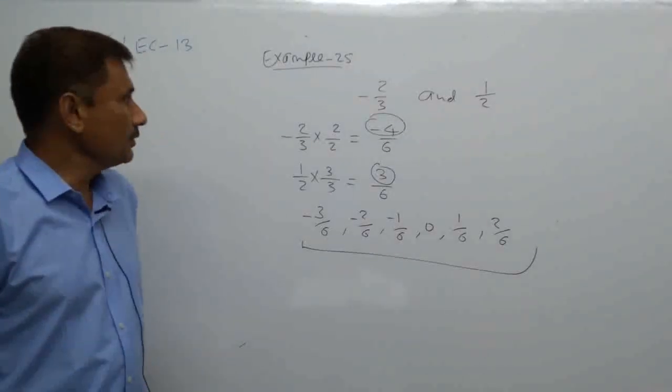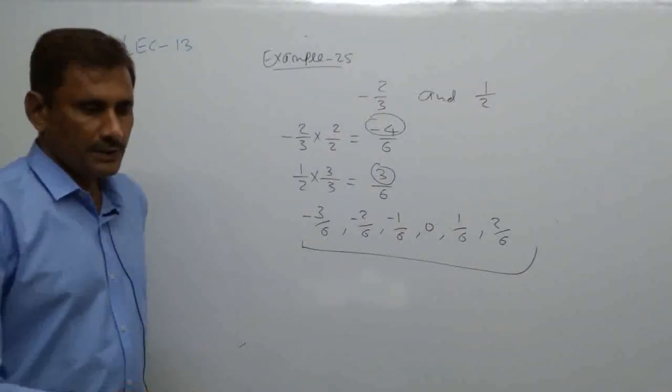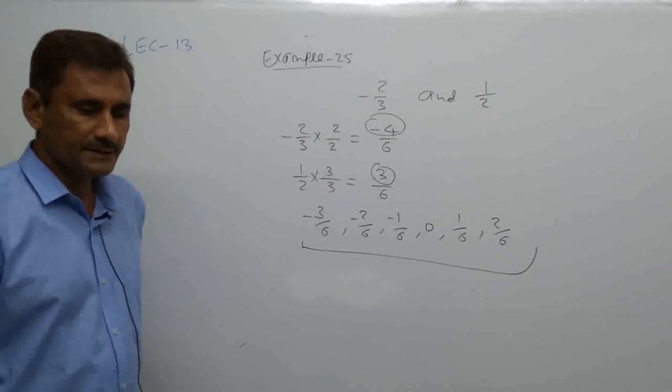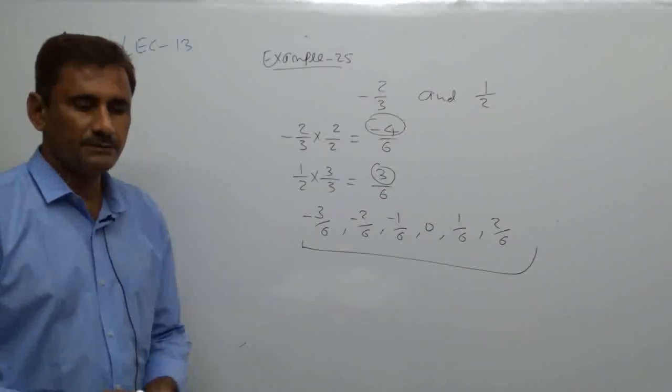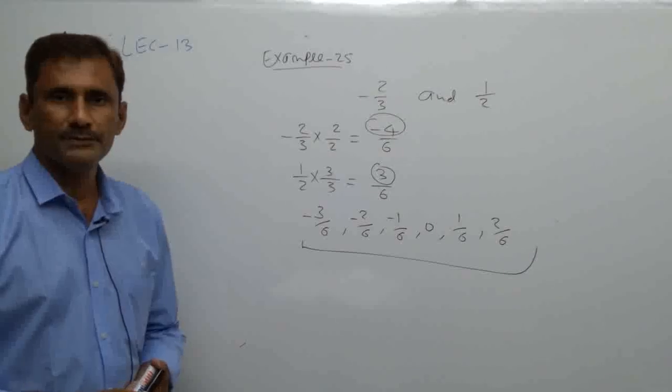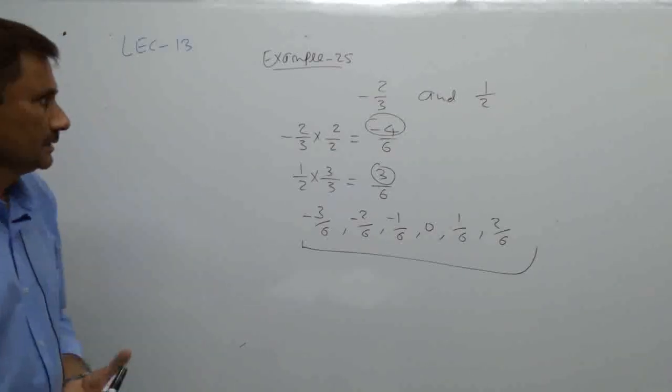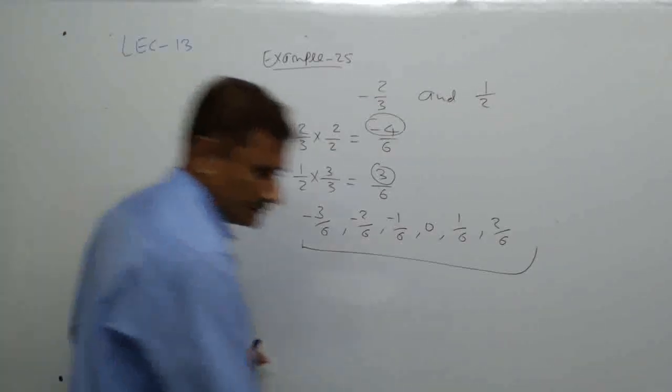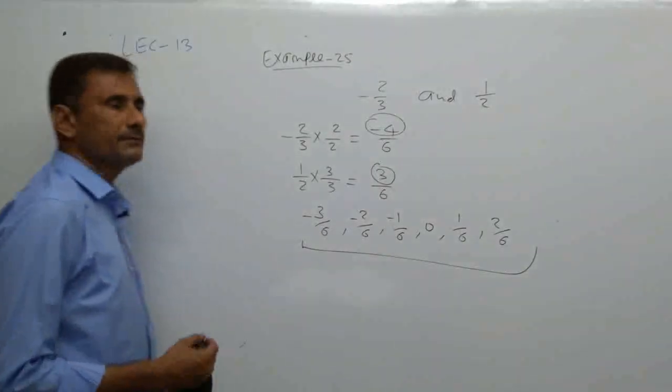Okay students, so now look at the next example, example 26. Insert 5 rational numbers between 1 by 5 and 2 by 5. So your numbers are given with the denominator already equal.